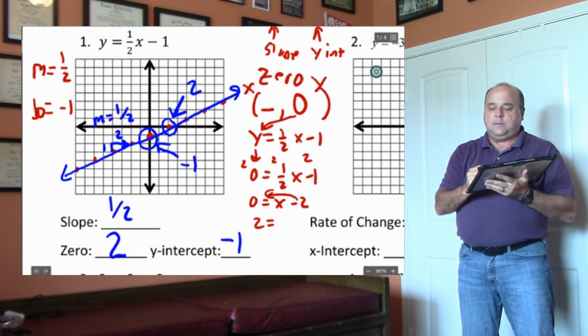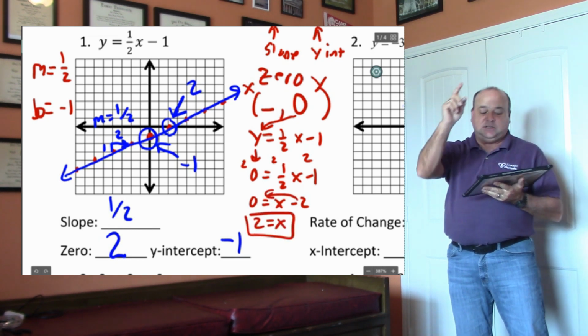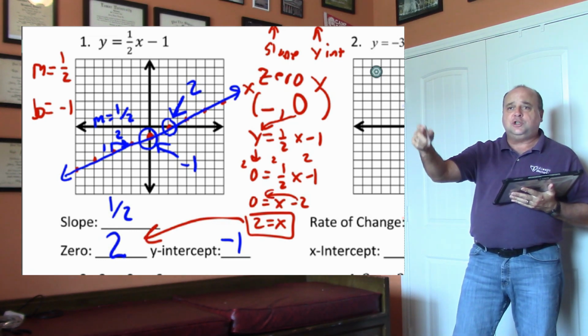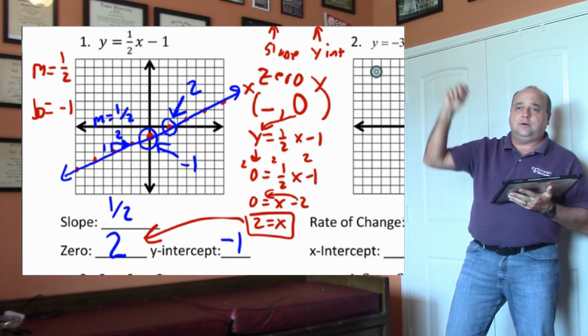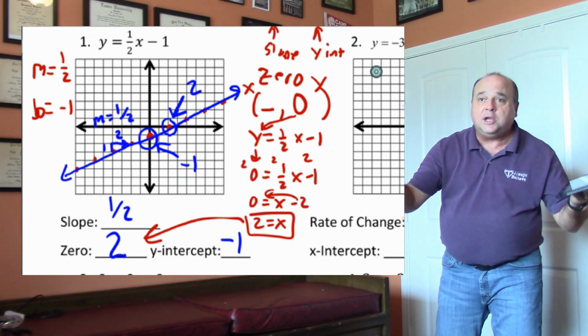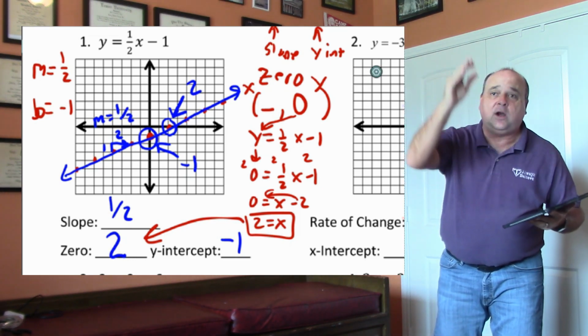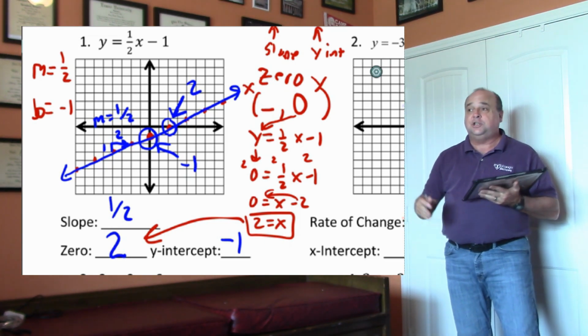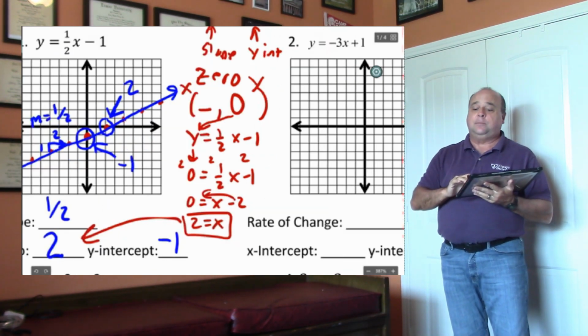Move over the 2, and I get x equals 2, which is the exact same thing I get from the graph. So if you replace your y with 0 and solve for x, you get your x-intercept, which is called the zero of the function.